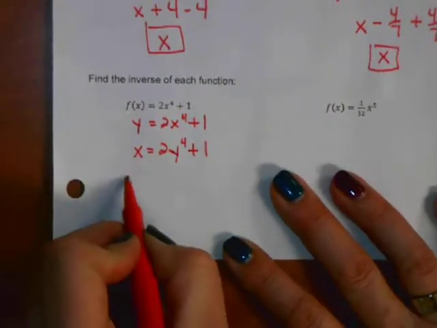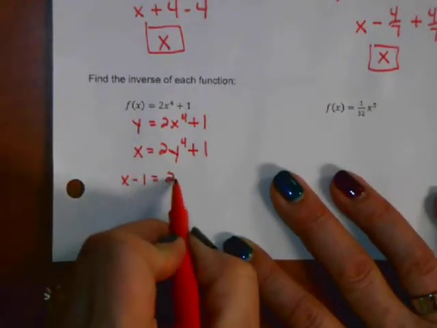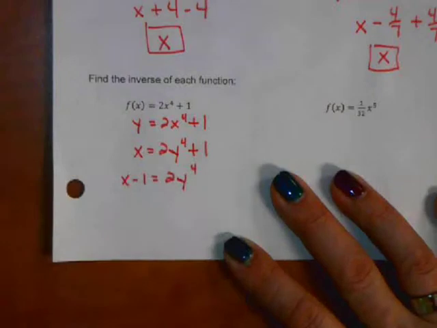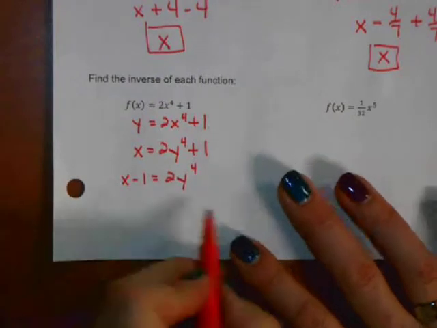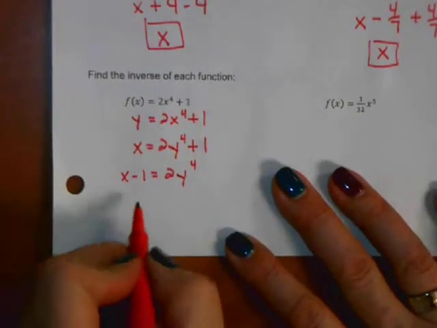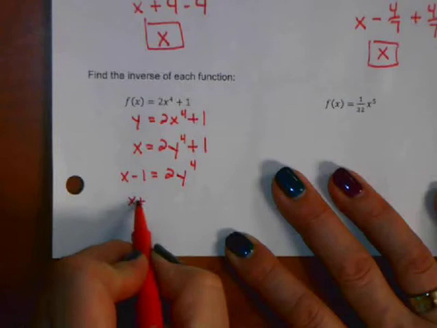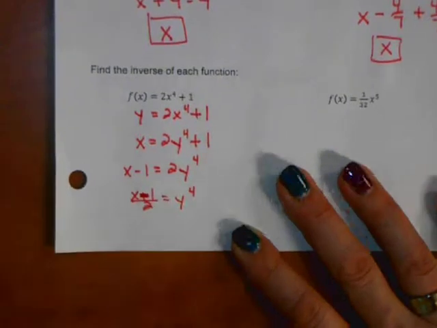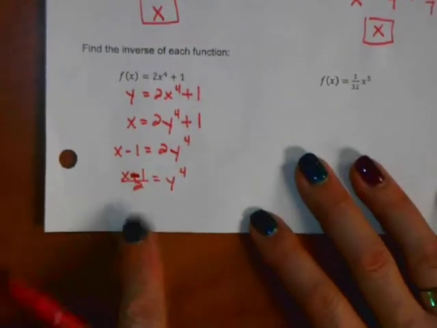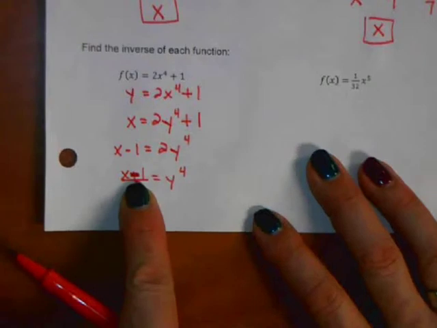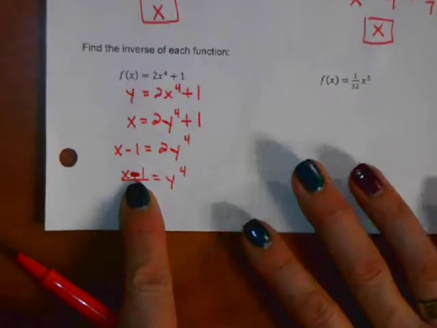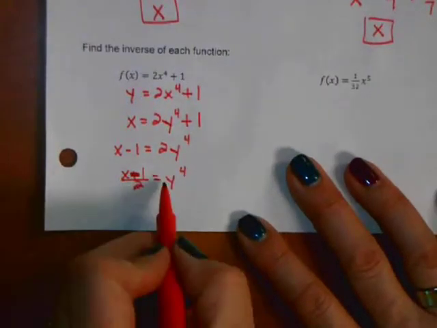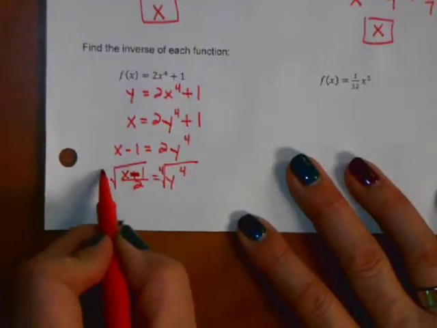And then solve for y. So we subtract 1 from both sides. And then we divide by 2. So I get x minus, oops, that's a minus, 1 divided by 2 equals y to the 4th. Then how do I undo the 4th? 4th root.